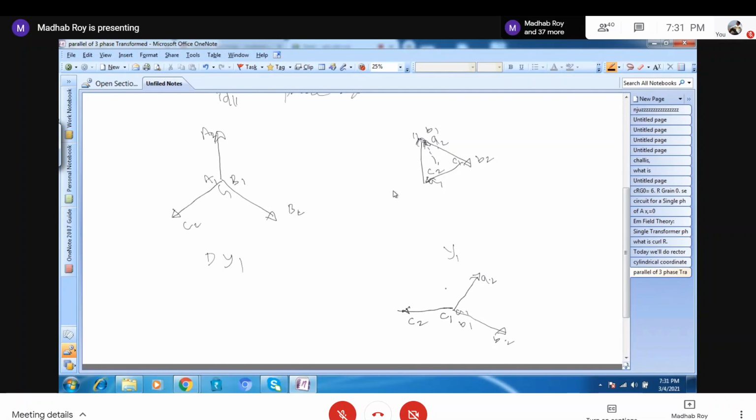We are not drawing the winding because the winding is the exact replica of the phasor. The winding can also be drawn, but that's not needed for understanding. You have to imagine that a phasor means a winding is there, and the arrow is A2, so A2, B2, and C2 are the positive terminals for the Y connection.